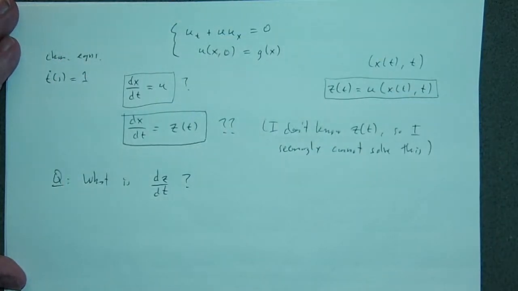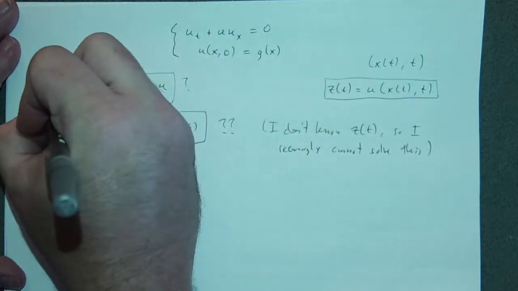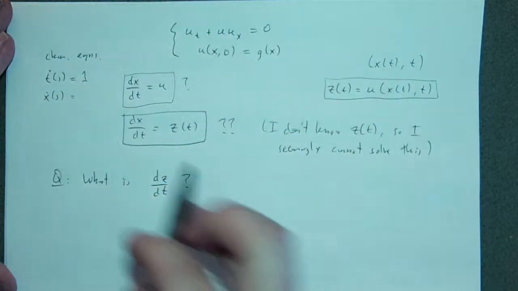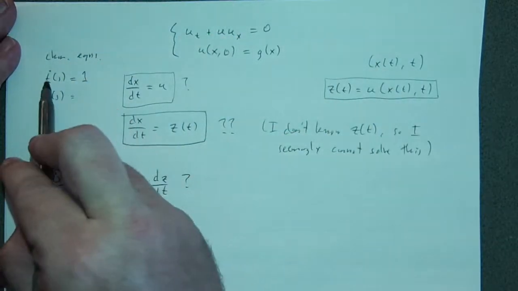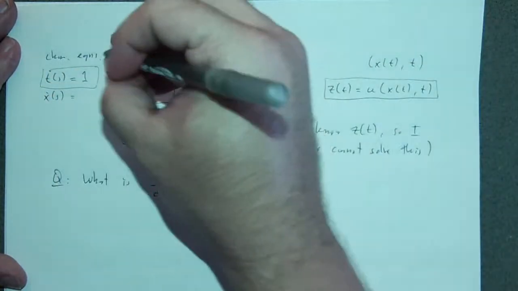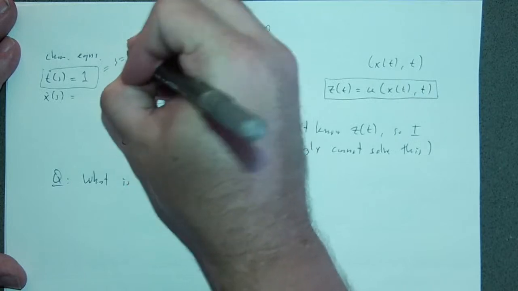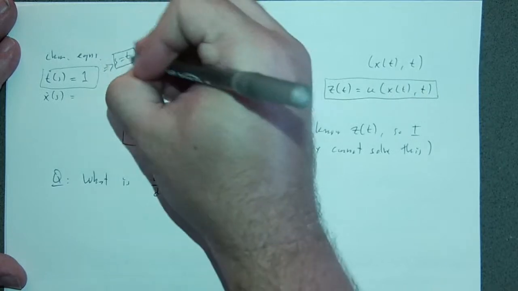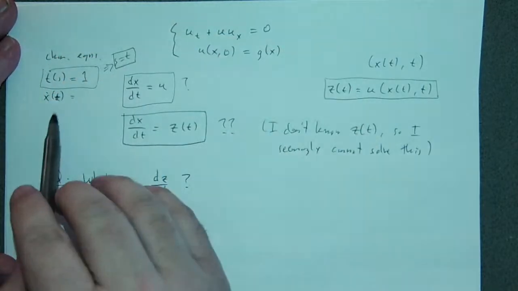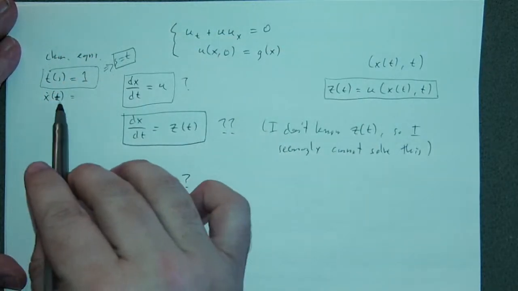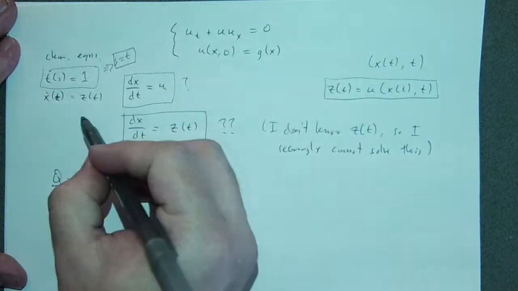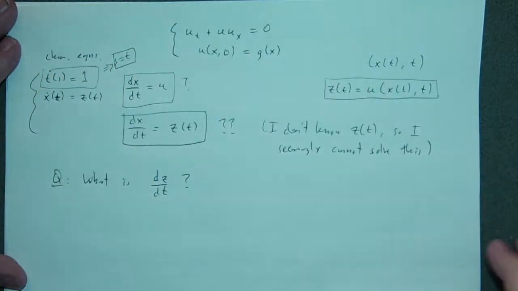And then the next one would be x dot of s is equal to, so here's where I want to replace this. t dot s equals 1 tells me, also because I'm specifying on the t equals 0 axis here, that s and t are the same. So from here on, for the rest of the characteristic equations, I'm going to replace s with t. So then x dot of t is z of t, would be my second characteristic equation.